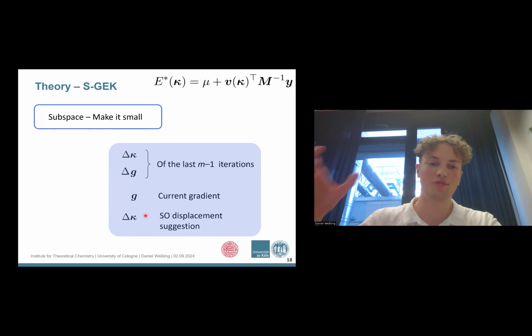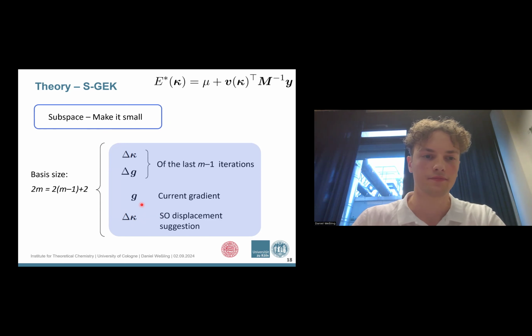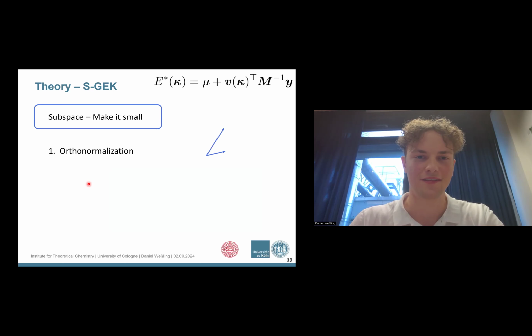So this is where we put this delta kappa in that I talked about before from the second order method. So this is the actual connection. All in all, this would have a basis size of 2 times m, where m is the number of iterations that we put in. And I chose a maximum of 30 for that, which was just reasonable.